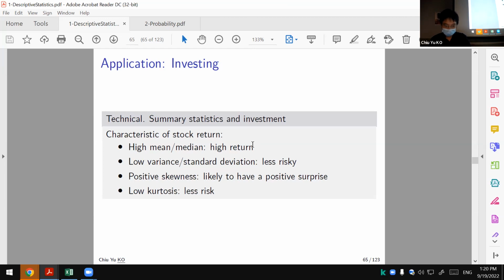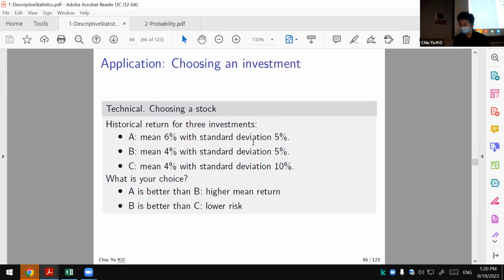So quickly, I'm not going to go into detail, but you can see this is something you expect from this class. You look at investments A, B, and C. A has a mean of 6 and a standard deviation of 5, B has a mean of 6 and a standard deviation of 5, C has a mean of 4 and a standard deviation of 10. So which is the choice?